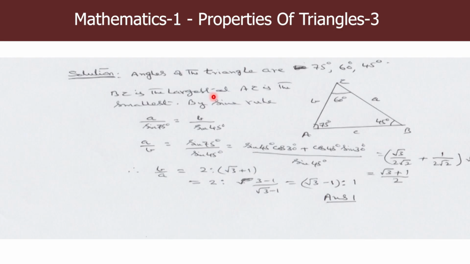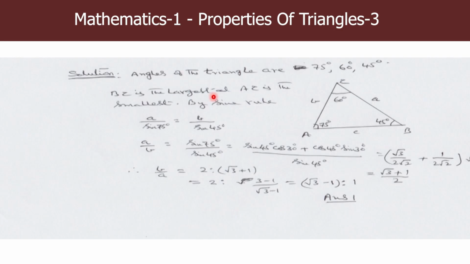So BC is the largest, and you know that in any triangle, the side opposite to the largest angle is greater than the side opposite to the smallest angle. So BC is the largest side and AC is the smallest side.